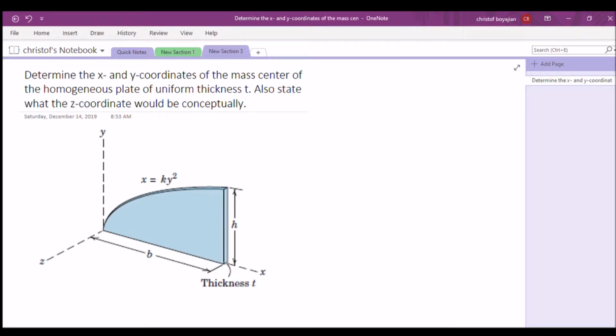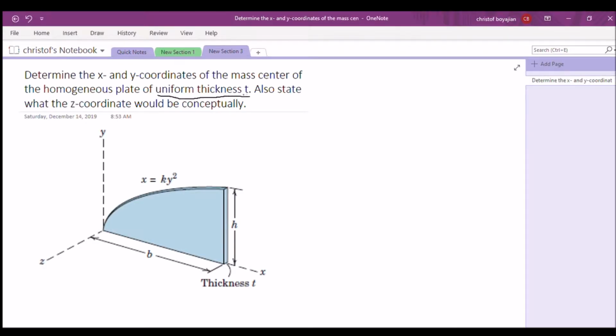with thickness t. Now, it does seem tricky because the problem statement does give us a three-dimensional figure, but the conceptual part that I want you to see, which I wrote down here, is uniform thickness t.